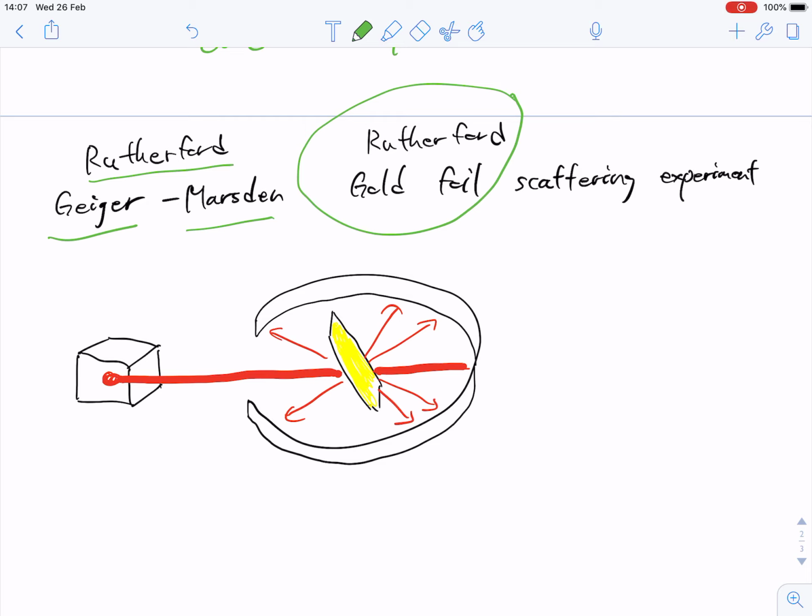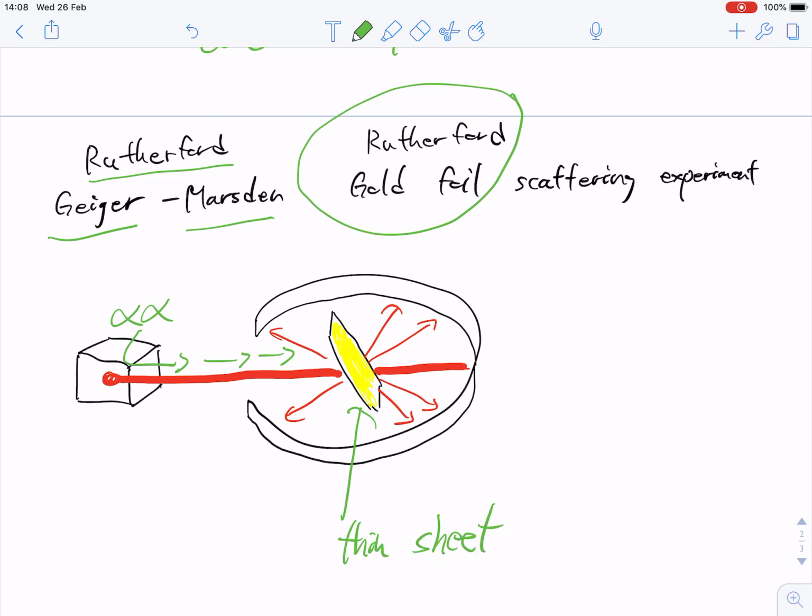What they had set up was an alpha particle emitting station. Alpha particles are being emitted through here. In the middle, they had a thin sheet of gold.